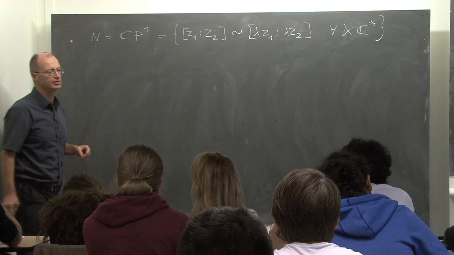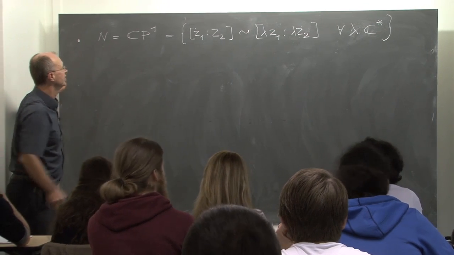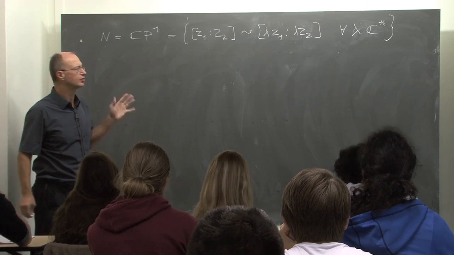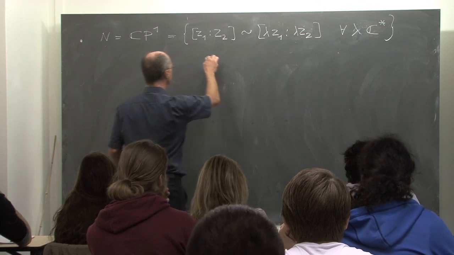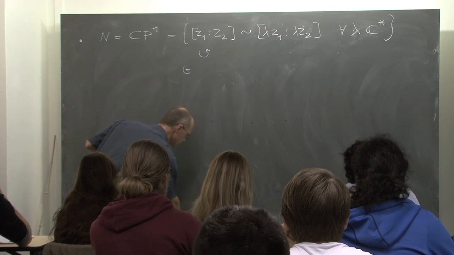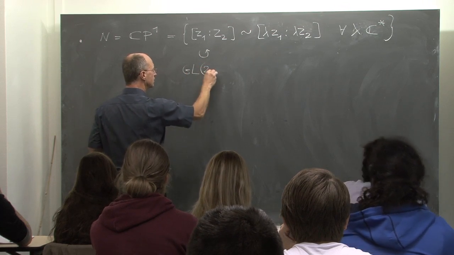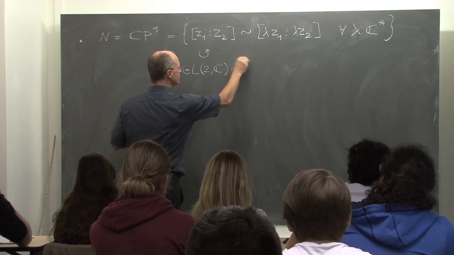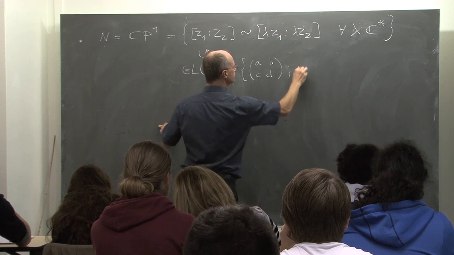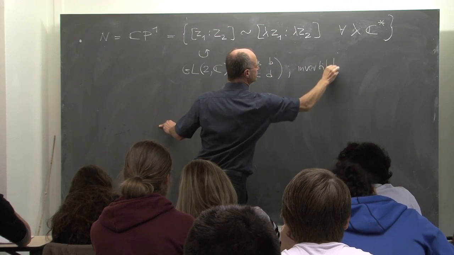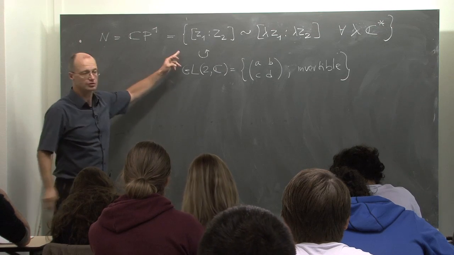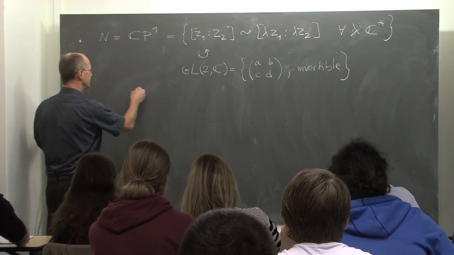So now we need to define this Hermitian form H, and let me do it in the following way. I'm not sure, again, whether it's optimal or not. So let me recall that GL2C, so these are invertible 2x2 matrices, act on CP1 simply in the following way.